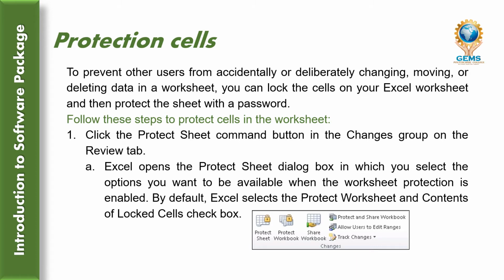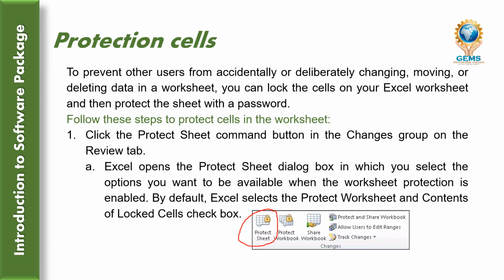There are some steps to be followed to protect cells in a worksheet. Click the Protect Sheet command button. Here the Protect Sheet command button is shown in the image, in the Changes group on the Review tab.